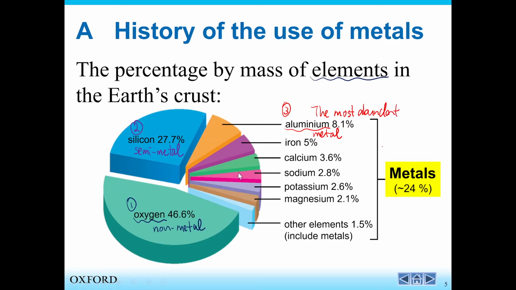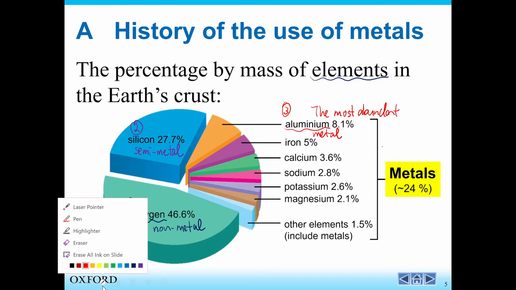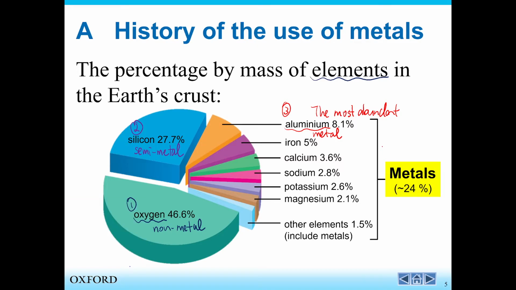But if I were to say, what about the most abundant element? Then that is oxygen. I'll write here, the most abundant element. But then you're like, sir, it doesn't really make sense. Because we've learned in Form 2 that in air, oxygen is just 21% and nitrogen is 78%. How can there be so much more oxygen in the Earth's crust?